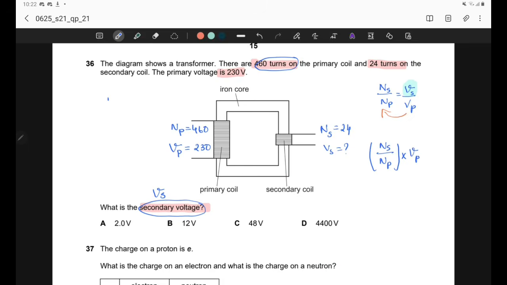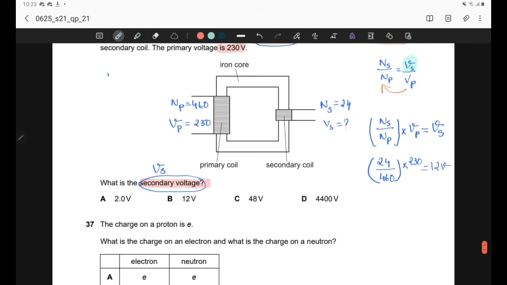When it comes to the other side, it will become multiplication, that is equal to Vs. Now we can substitute the values. Ns is 24 over Np is 460 times Vp is 230, and the correct answer is 12 volt. So therefore the correct answer is option B, 12 volt.